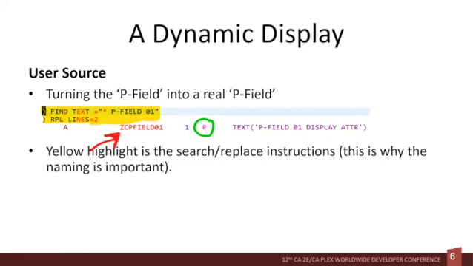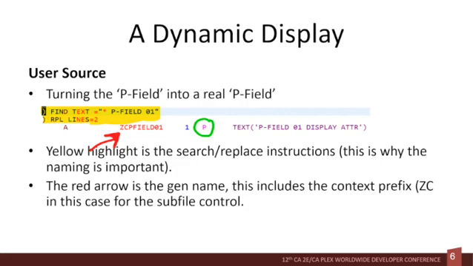In this case, it's going to look for the PField 01, and it's going to replace it with the code that I have here. And this in turn comments out the original line so you never lose the code. And it puts our new line in, but now it's turned that field that's on the screen and available to our programs into a programmable field.